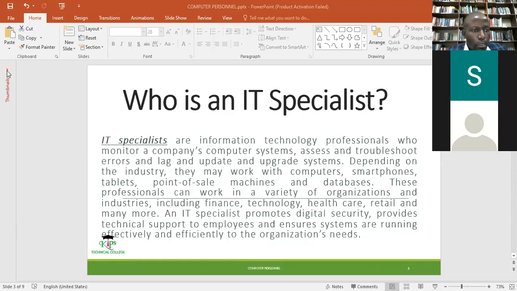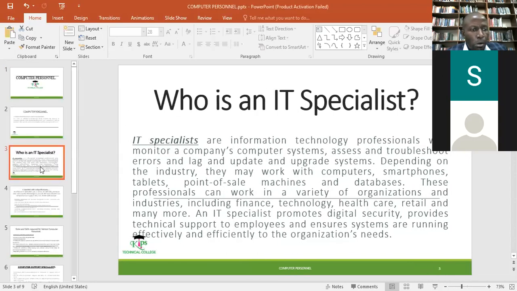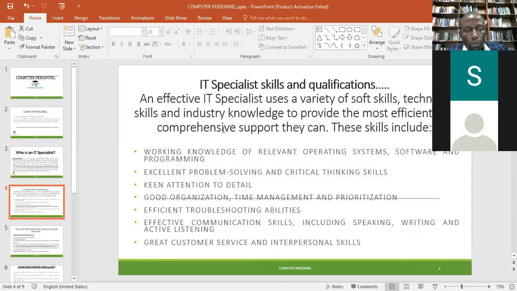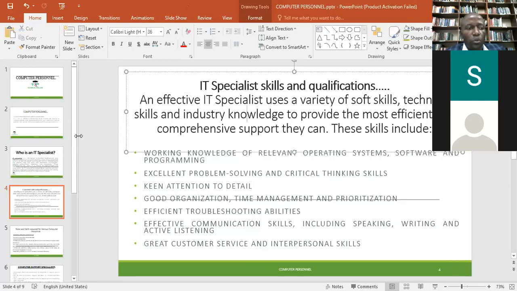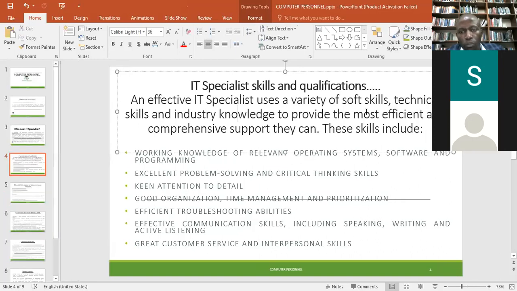So when we talk of an IT specialist, what are some of the qualifications or skills they are required to have? An effective IT specialist uses a variety of skills. They could be soft skills, technical skills, and industry knowledge to provide the most efficient and comprehensive support.